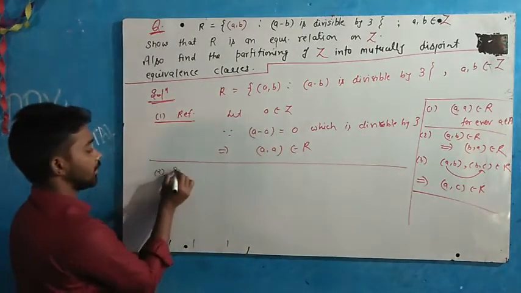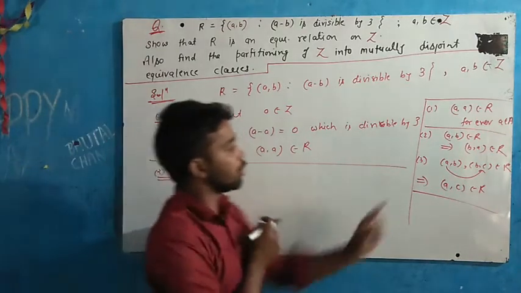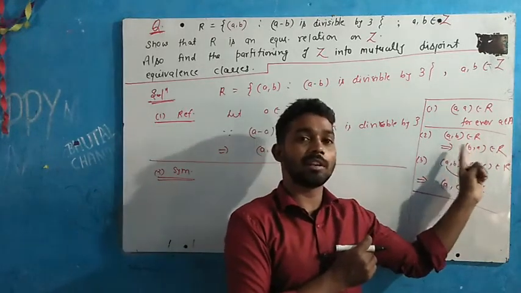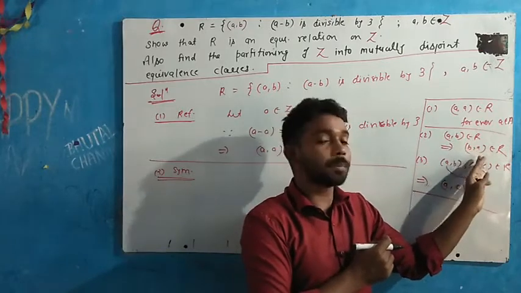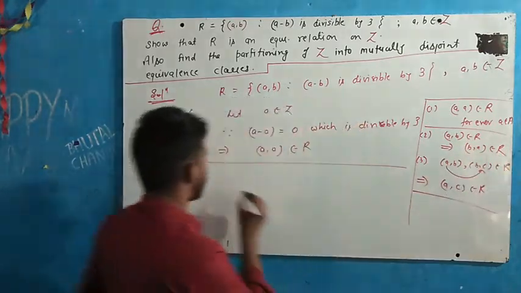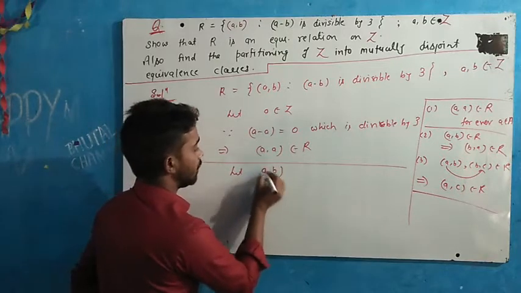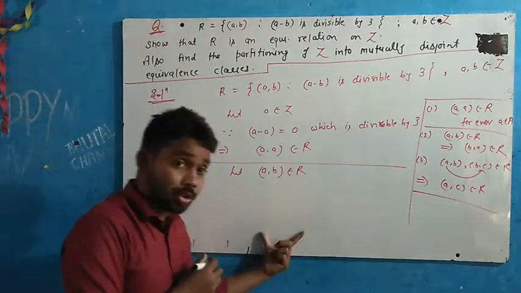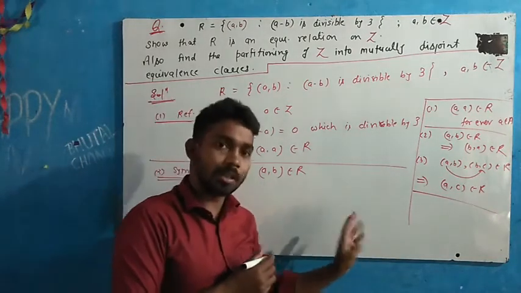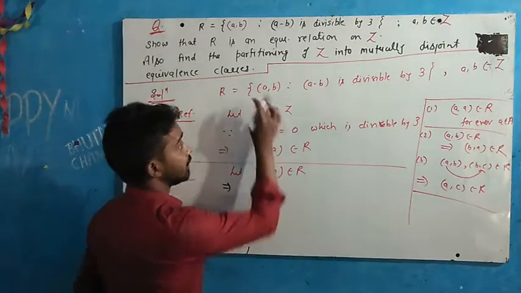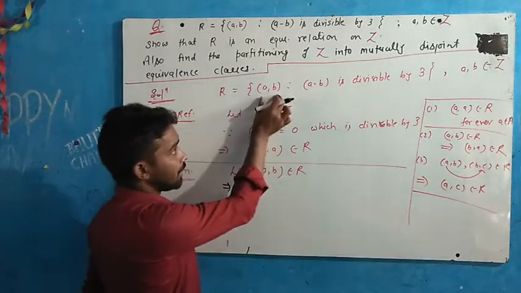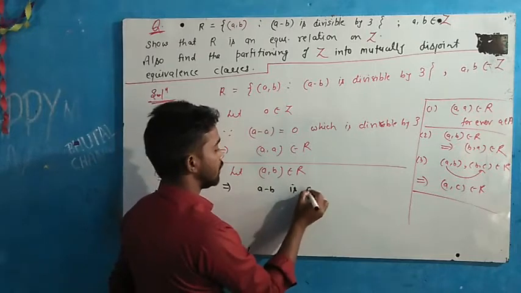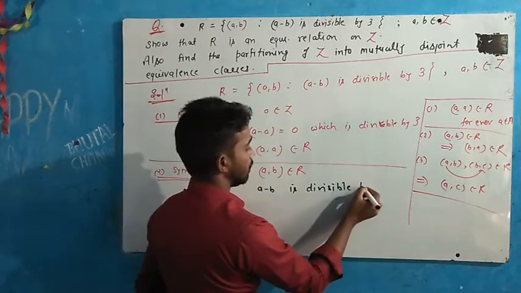Clear? Like that we will show symmetry. Second, the symmetry condition. What we will do is first take one ordered pair in relation R, and after that we will show that after interchanging the places of a and b, the new ordered pair will also belong to R. So let (a, b) belong to R. I have taken two numbers a and b which belong to R. Then we will show that (b, a) also belongs to R. So this implies that, according to the definition of relation R, a minus b is divisible by 3.